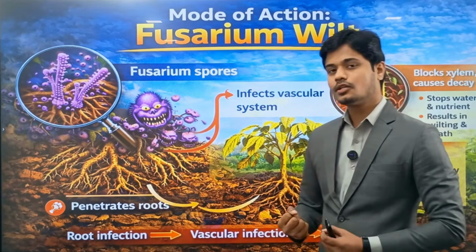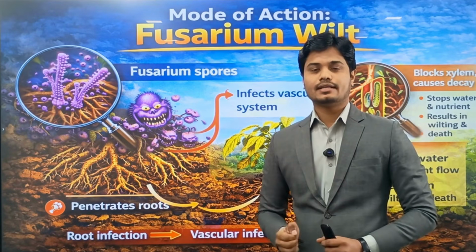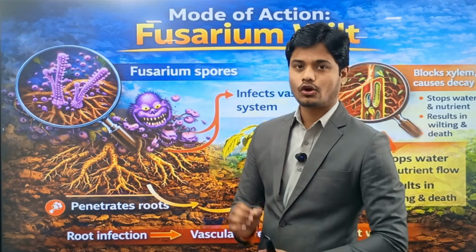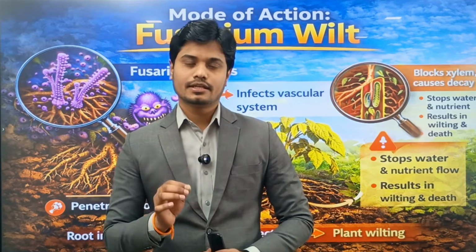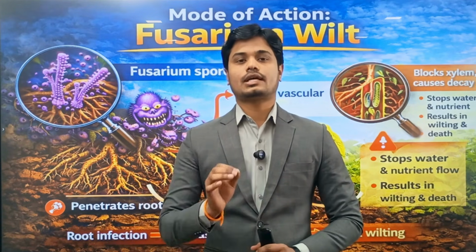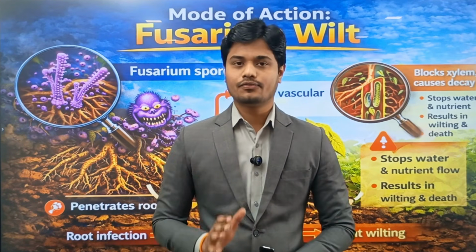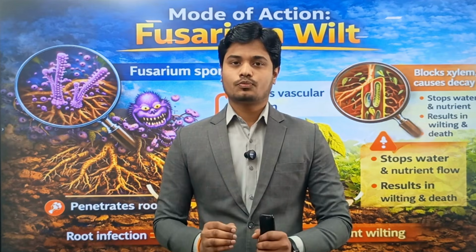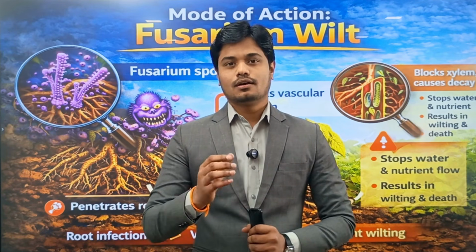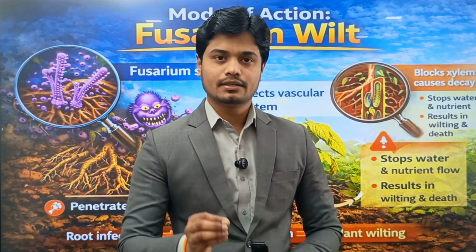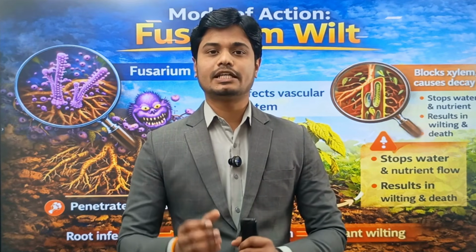Inside the xylem vessels, it multiplies. Why only in xylem vessels? Because xylem vessels are responsible for transporting water and nutrients to the plants. Therefore, Fusarium oxysporum gets favorable conditions in xylem vessels for multiplication.